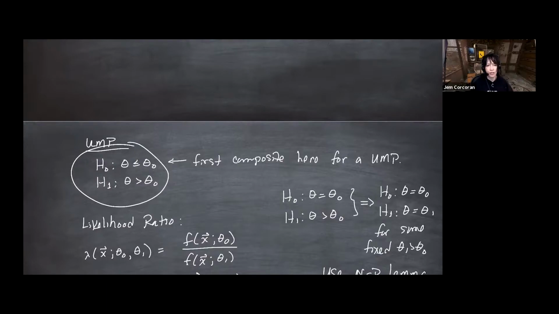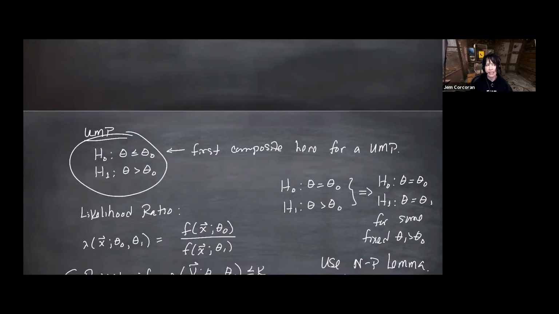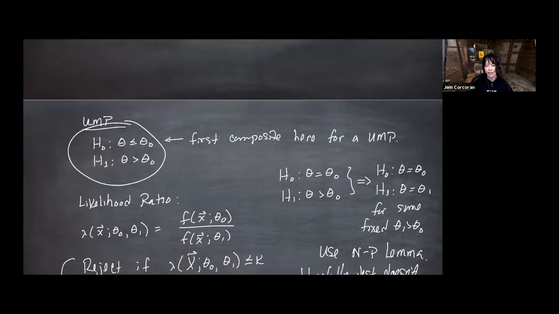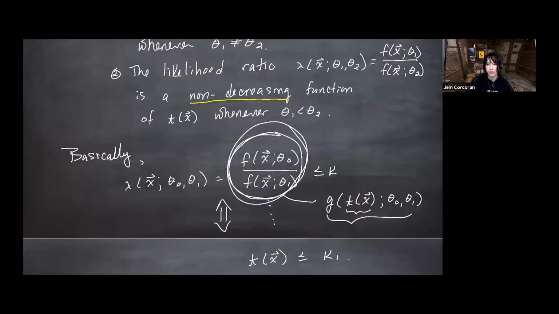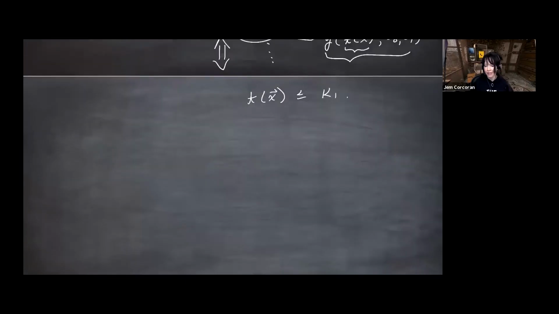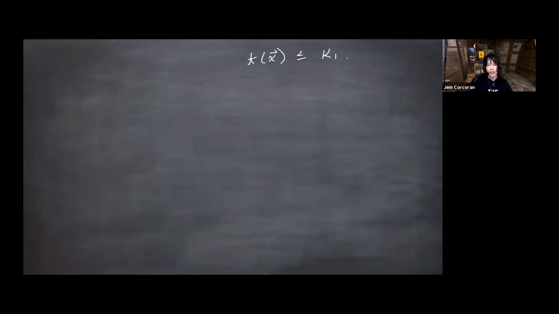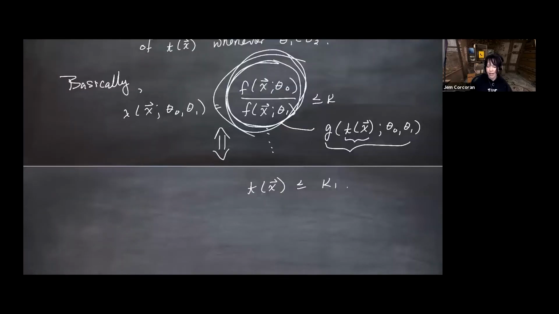It'll be so much easier once you get into it. So I kind of don't want to say questions, but I don't know, questions? It all made it look really hard, but it's just this. It's just saying if your lambda is less than or equal to k, then you can reduce this down to a statistic less than or equal to something else.